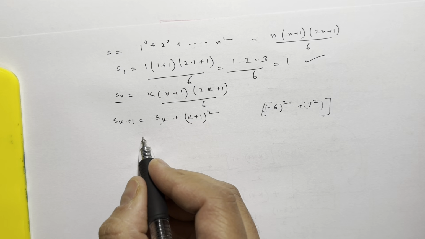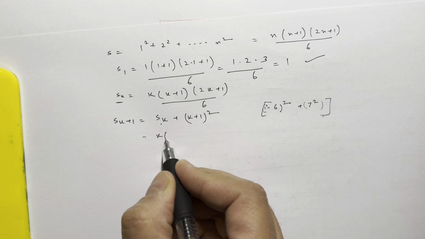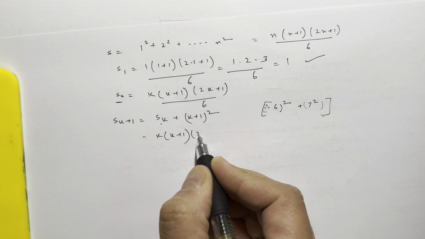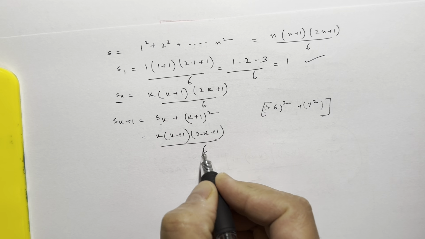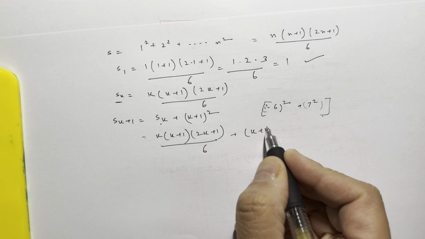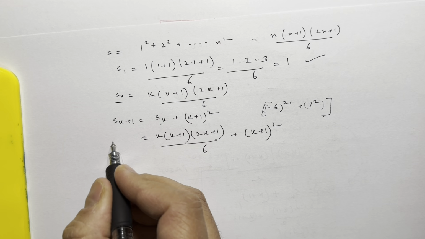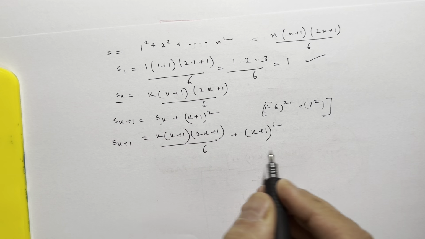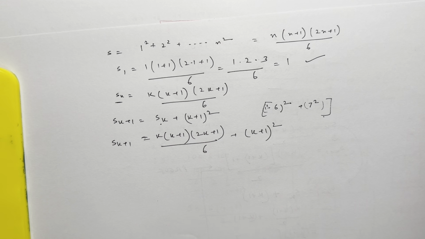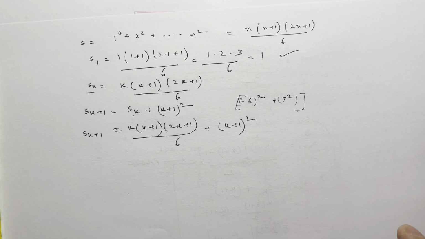But we know Sk is k(k+1)(2k+1)/6, plus (k+1) whole squared. Now this looks like a long expression. To prove this, let's take a slightly tangential route.